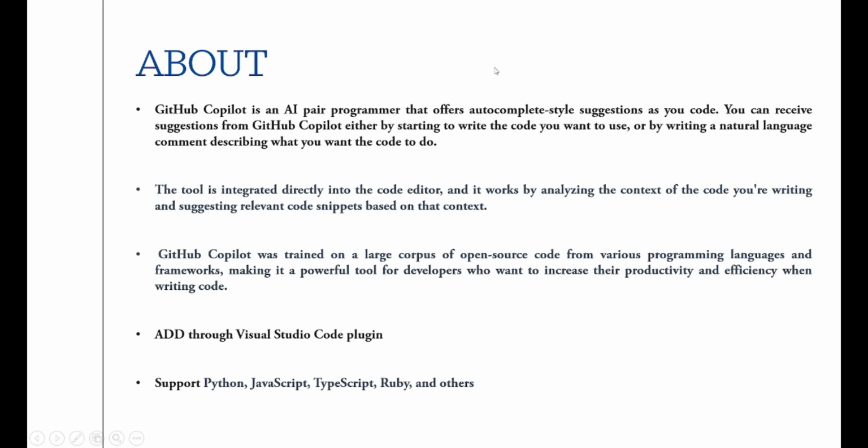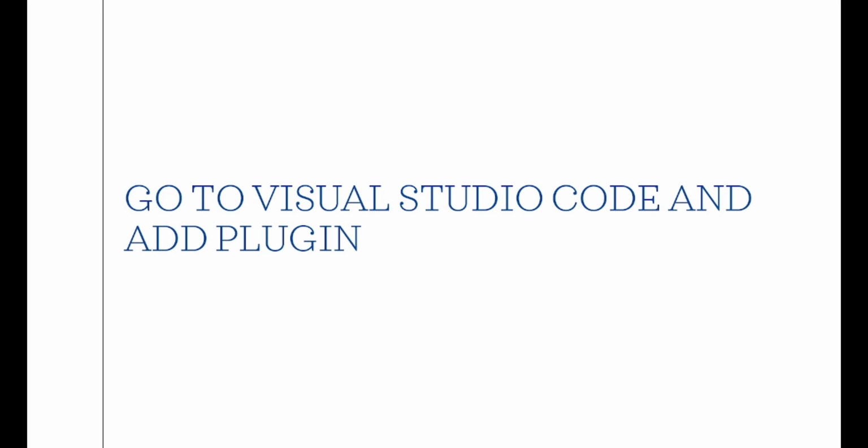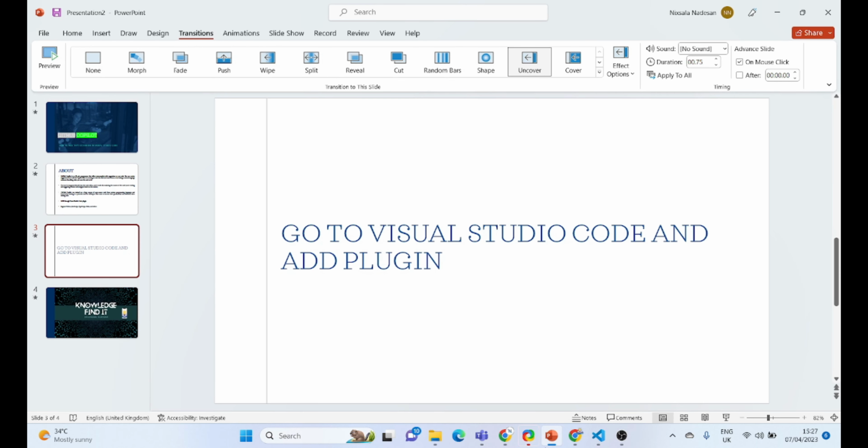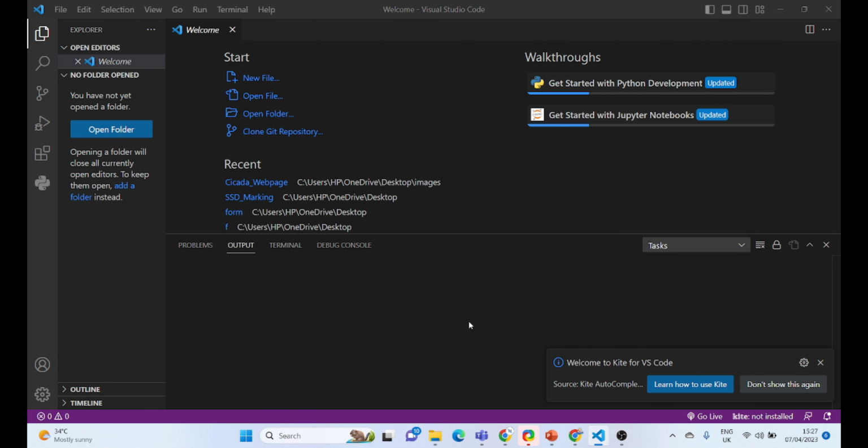You can add this extension under the Visual Studio Code plugin. So let me go to the demonstration. We are going to open Visual Studio Code and add the Google Colab plugin. So I have already opened Visual Studio Code.